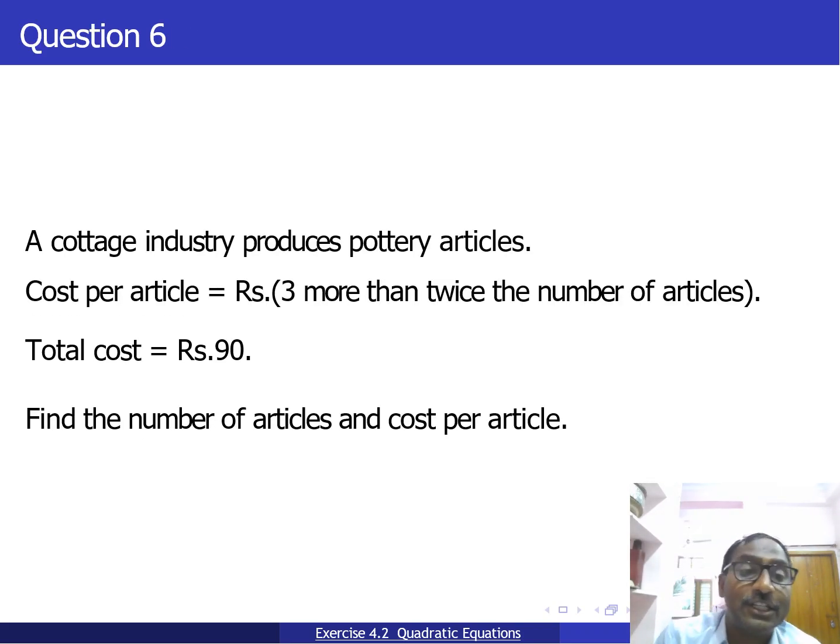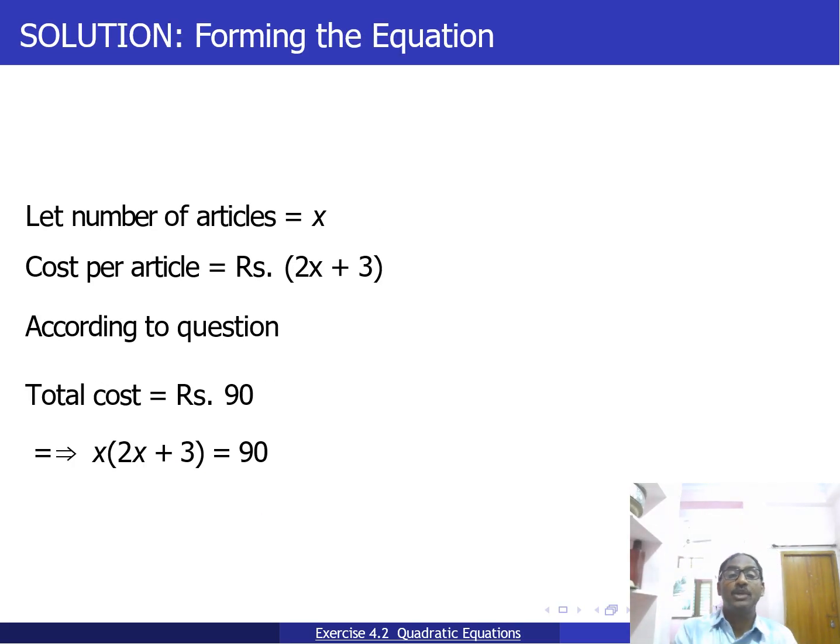Next, question number 6. A cottage industry produces pottery articles. Cost per article is 3 rupees more than twice the number of articles. Total cost 90 rupees is given. Find the number of articles and cost price. Let the number of articles be x.